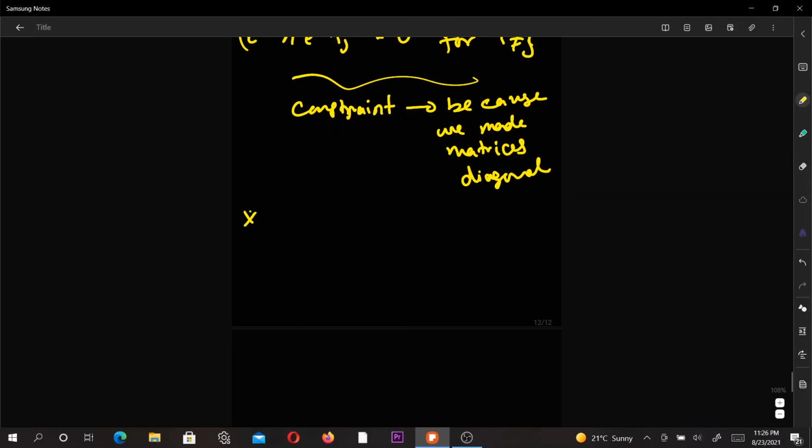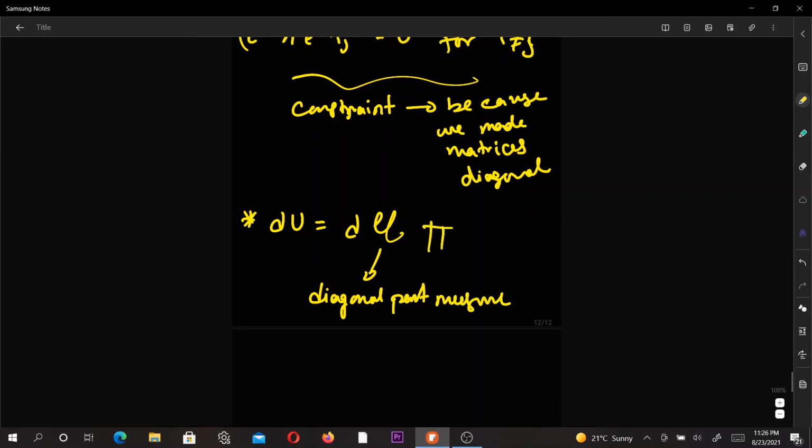Now what happens to dU? You can write dU in terms of the diagonal part measure, and again the product of the real part of a_ij and the imaginary part of a_ij.